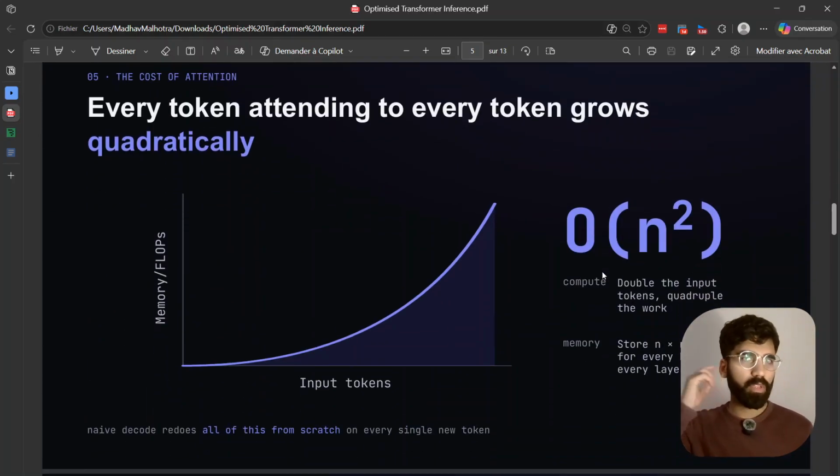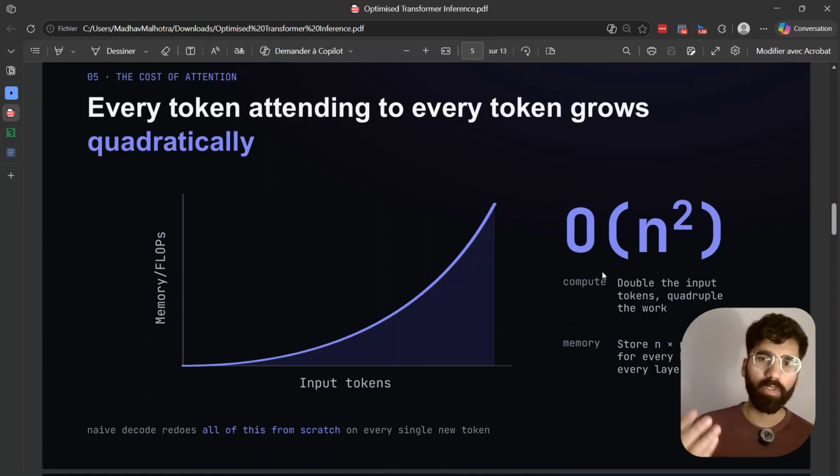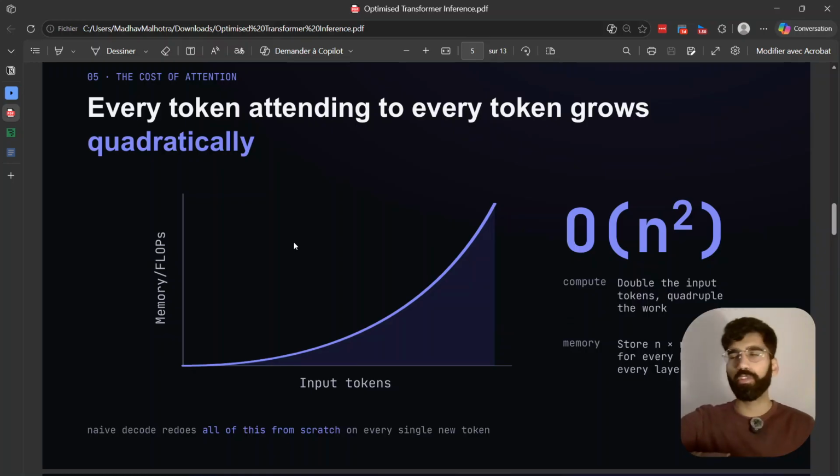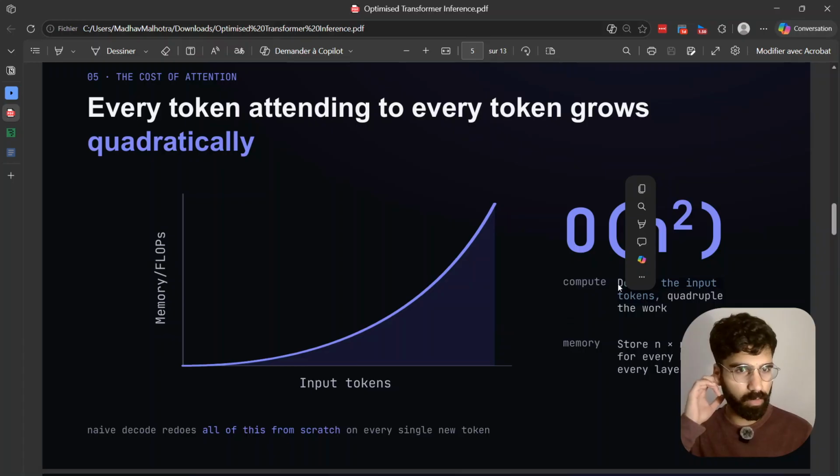Now, when we do all of these matrix-matrix multiplications, the reason that we tend to have memory issues is that all of this grows in the order of n squared. That's because if we have, let's say, 5 query tokens and 5 key tokens versus 6 or 10, when we're doubling the input size, we're quadrupling the amount of work that we're doing.